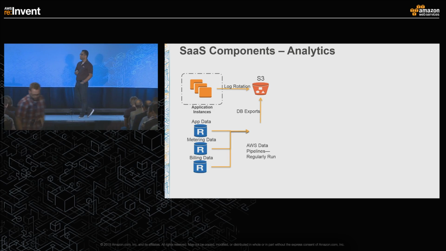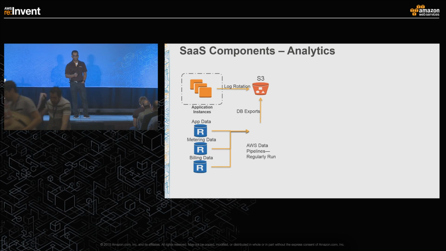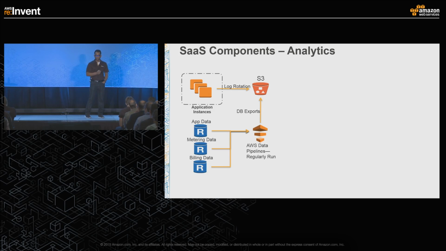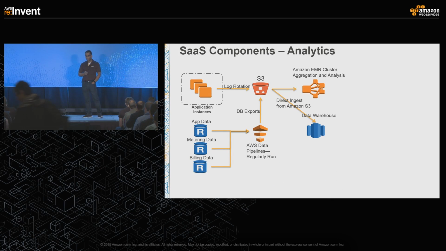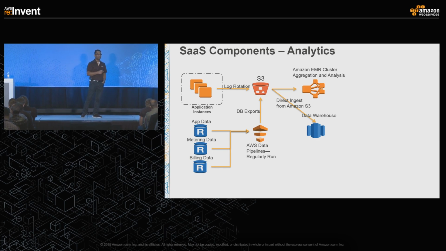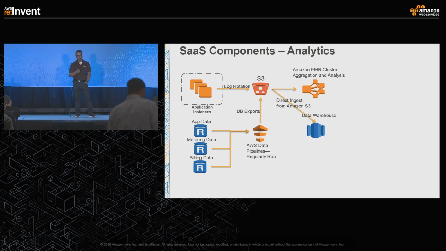You can also use AWS Data Pipeline to move data from your databases and store that in S3 as well. Once you have it in S3, you can leverage things like EMR as well as Redshift to do data analysis. You can also take advantage of machine learning service as part of the AWS platform to give you insights into your data as well.